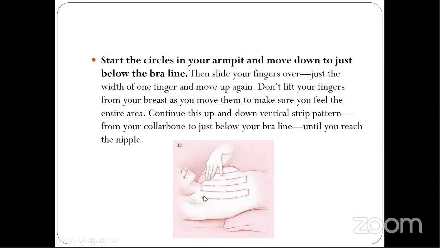Don't lift your finger from the breast, to make sure you feel the entire area, because if you lift your finger, you may place it in another area and miss areas not examined. We continue until we reach the nipple, examining the whole breast tissue.